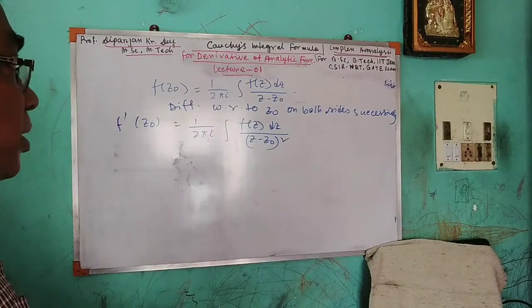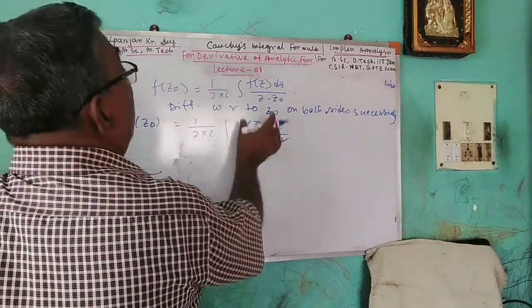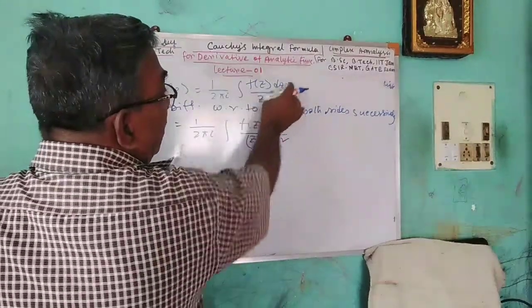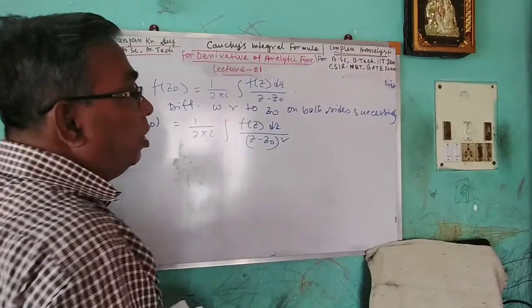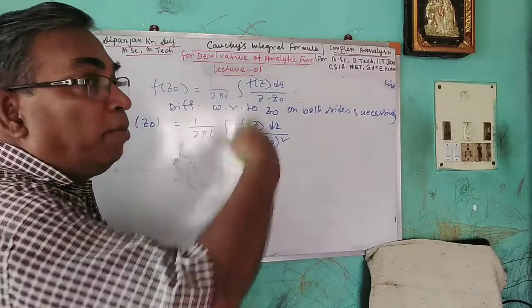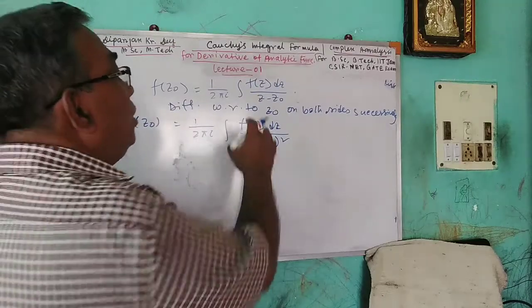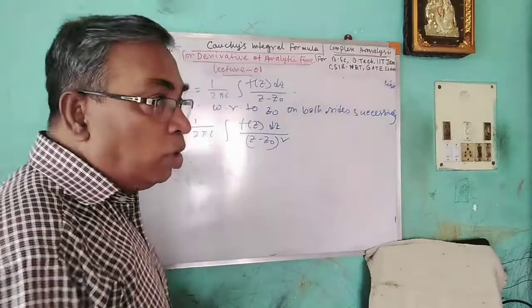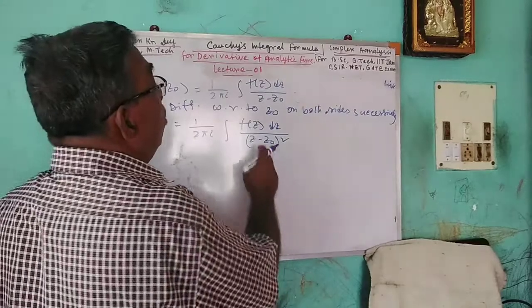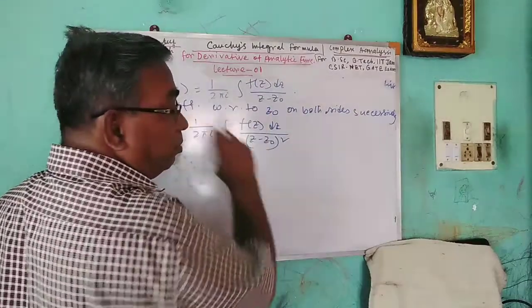Again, if we differentiate this, z minus z0 taken in the numerator gives z minus z0 to the power minus 1, then minus 1 comes first into z minus z0 to the power minus 2, into the derivative with respect to z0, that is minus 1, minus times minus gives plus 1.